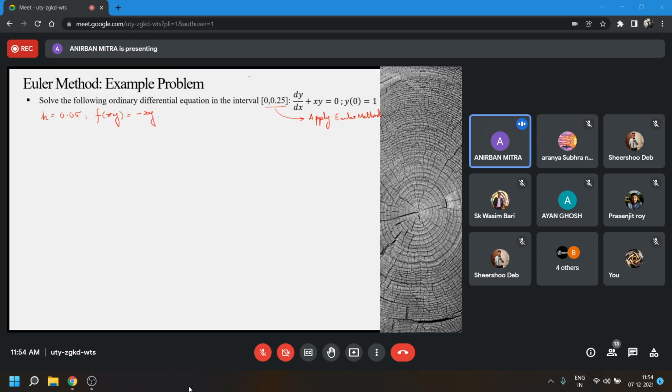Remember that our representative ODE was in this form. So here dy/dx is equal to minus xy. So f of x, y is given by minus xy.